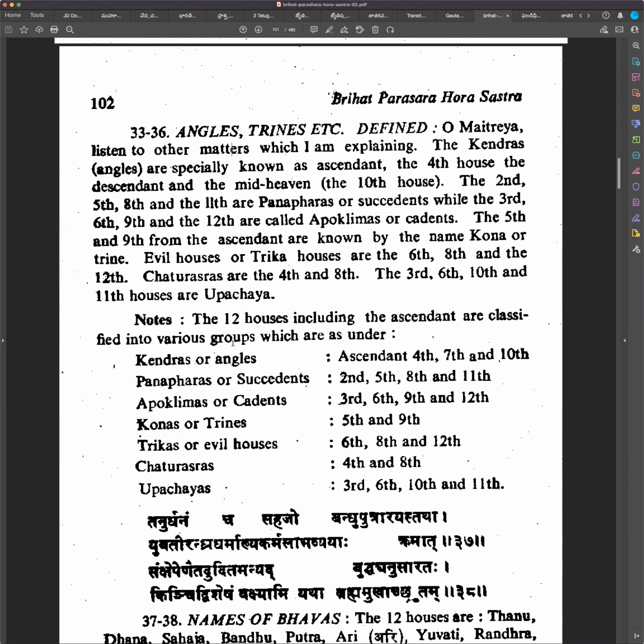So these are the classifications of signs now. See, there are 1 to 12 signs. The Kendras means 1, 4, 7, 10. They are given some names to identify them easily because these are the pillars. Kendras means centers, centers means pillars of the chart.